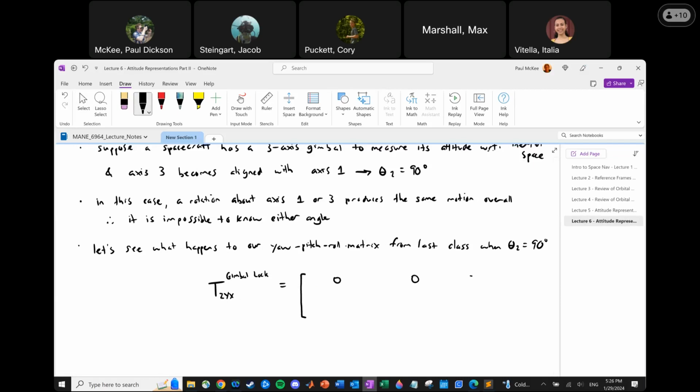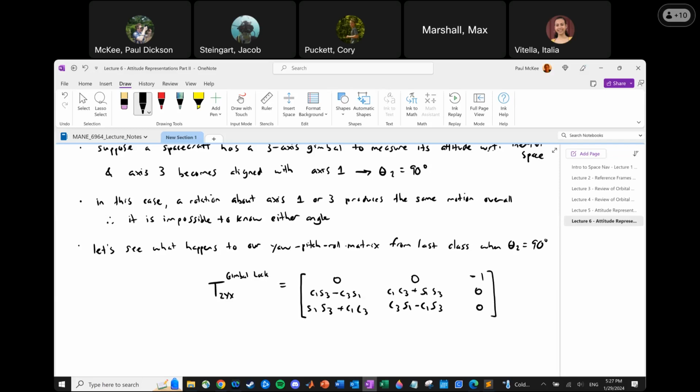0, 0, -1. And over here we have cosine 1 sine 3 minus cosine 3 sine 1, cosine 1 cosine 3 plus sine 1 sine 3, 0. Sine 1 sine 3 plus cosine 1 cosine 3, cosine 3 sine 1 minus cosine 1 sine 3, 0.